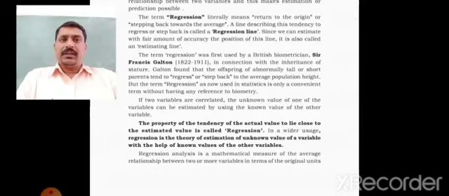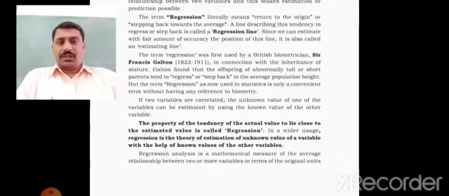Here we can estimate, with a fair amount of accuracy, the position of this line, so it is also called the estimating line.